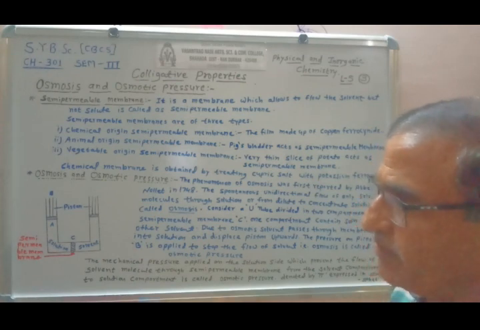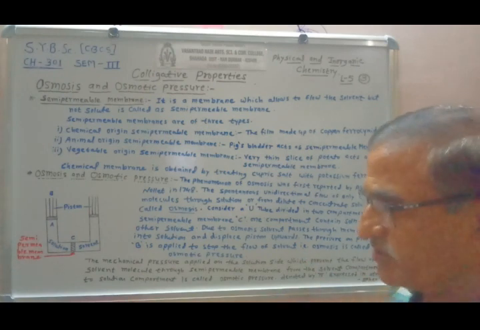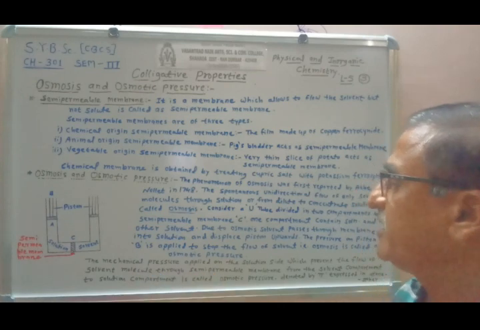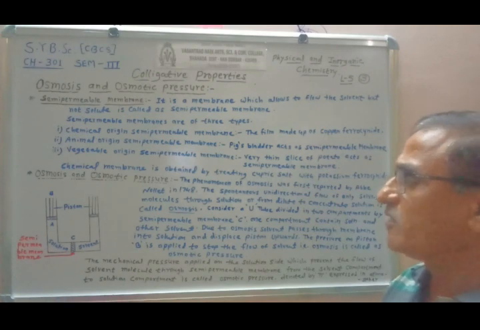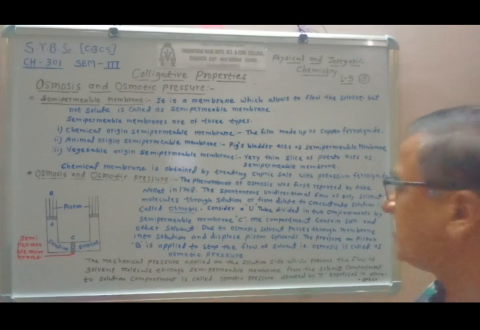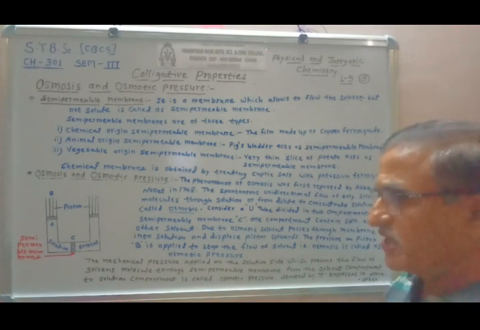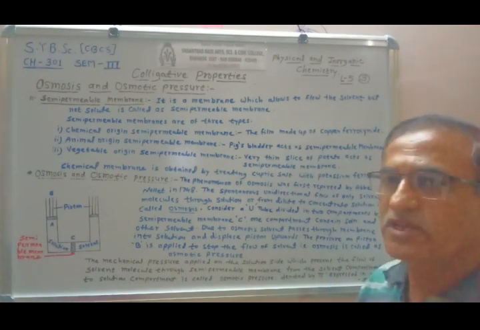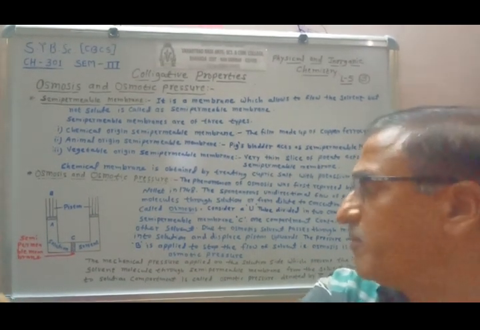Another definition for osmotic pressure is the mechanical pressure applied on the solution side which prevents the flow of solvent molecules through the semi-permeable membrane from the solvent compartment to the solution compartment. It is denoted by the symbol pi, and the osmotic pressure is measured in atmospheres.